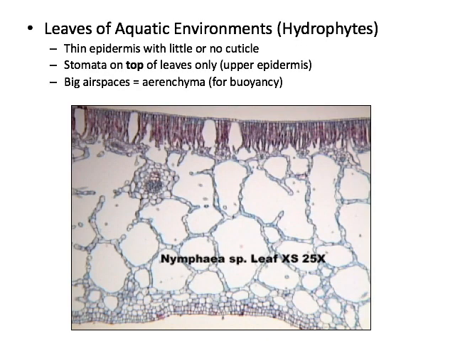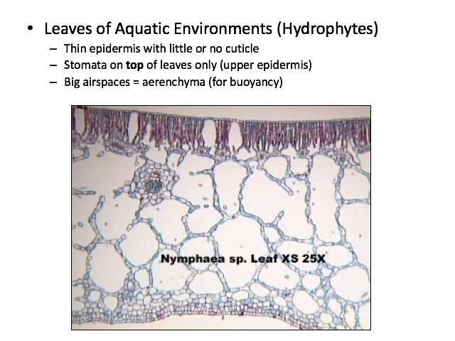On the other end of the spectrum, we have leaves of aquatic environments. These are plants that are referred to as hydrophytes. The water lily is a classic example. It has a very thin epidermis with little to no cuticle. We don't need to preserve our water because we grow in the water, so there's no reason to try to save water.